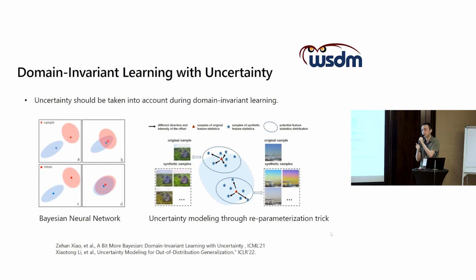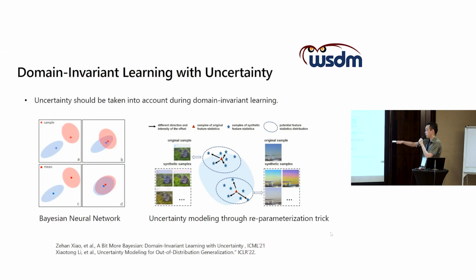This uncertainty learning has also been discussed a lot in the machine learning community. For example, we can apply Bayesian neural networks for uncertainty modeling, and we can also apply uncertainty modeling through the reparametrization trick. The idea is that each sample is now actually a distribution.